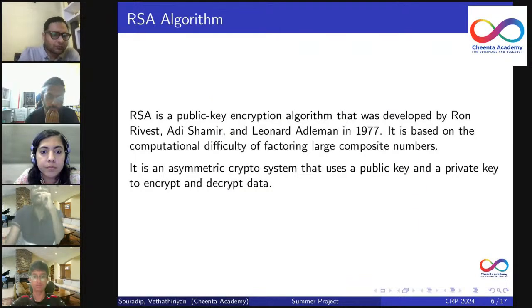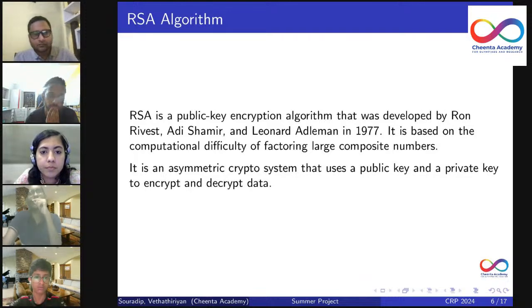Next, we talk about a particular crypto system or a public key algorithm. It is called the RSA algorithm, first developed by three mathematicians, Ron Rivest, Adi Shamir, and Leonard Adleman in 1977.